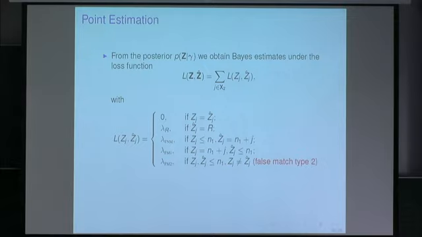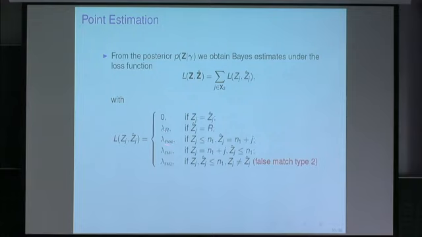So you can specify these losses, and you don't have to specify them in absolute terms. You can simply say, for example, a false match of type 2 is twice as bad as a false match of type 1.